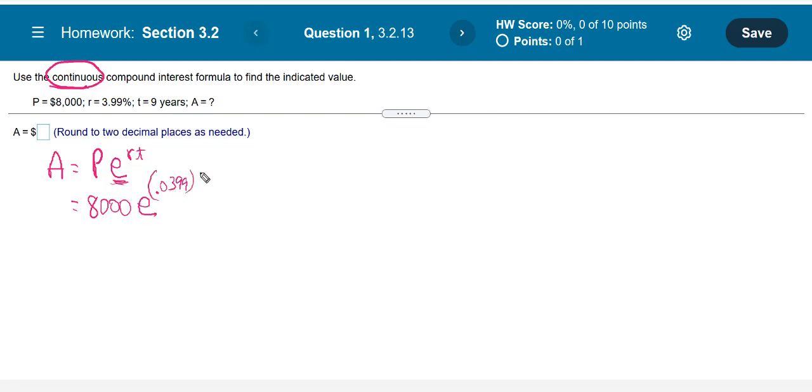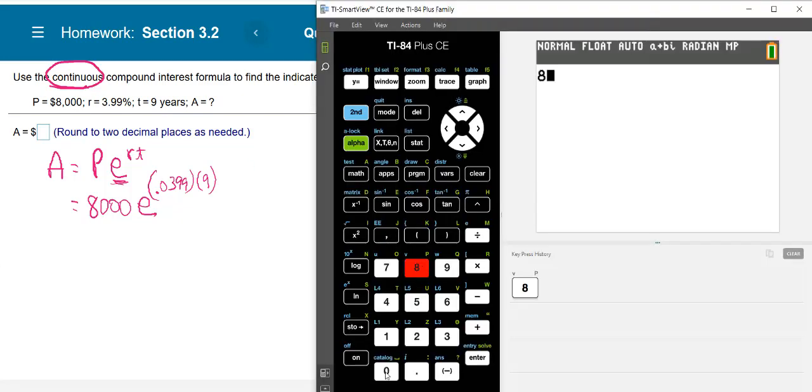So substituting the values, we have 8,000 e to the 0.0399, and t is 9. On my TI calculator, here's the 8,000. The e key is here, which we access by using the second and the LN.